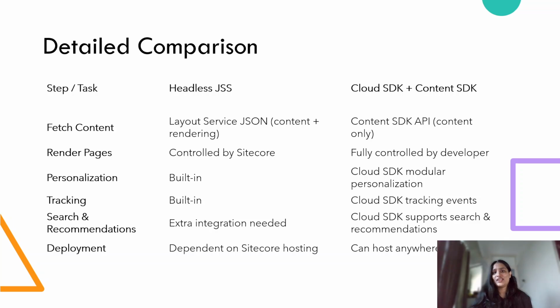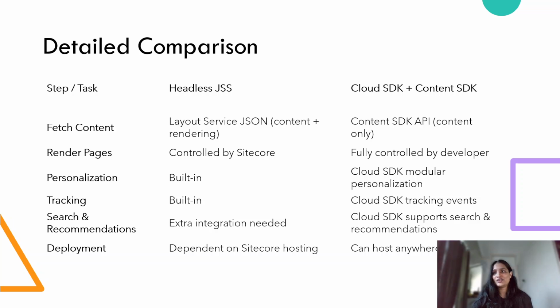Similarly for tracking, in JSS it is built in and mostly tightly coupled to page rendering. But the Cloud SDK gives you independence: client side, server side, and custom events. You can track forms, orders, and clicks with more flexibility and more features.